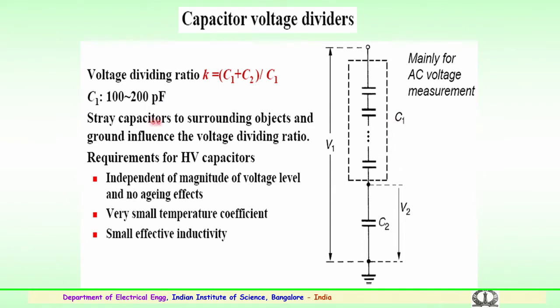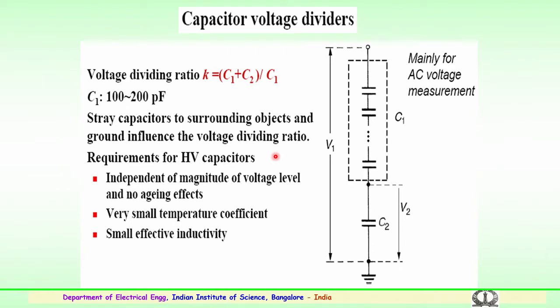For example, the stray capacitances to the surrounding objects, that is, objects near the divider, and the influence of the ground should be kept in mind for the voltage dividing ratio. The requirements for high voltage capacitors are that they should be independent of the magnitude of the voltage level, and over a period the aging of the capacitors should not happen.